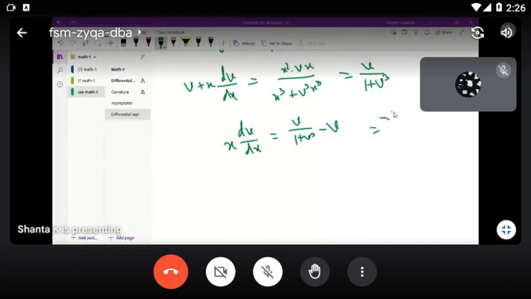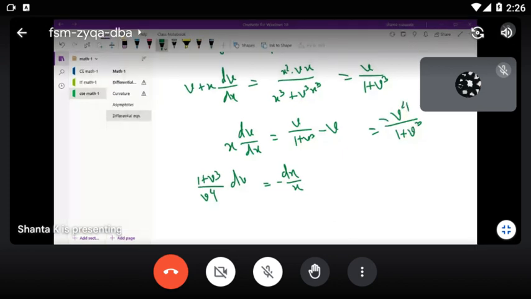So this will be minus v4 by 1 plus v cube. Okay. So here we will take it to that form: dv 1 plus v cube by v power 4, and here dx by x. So negative sign will be there.